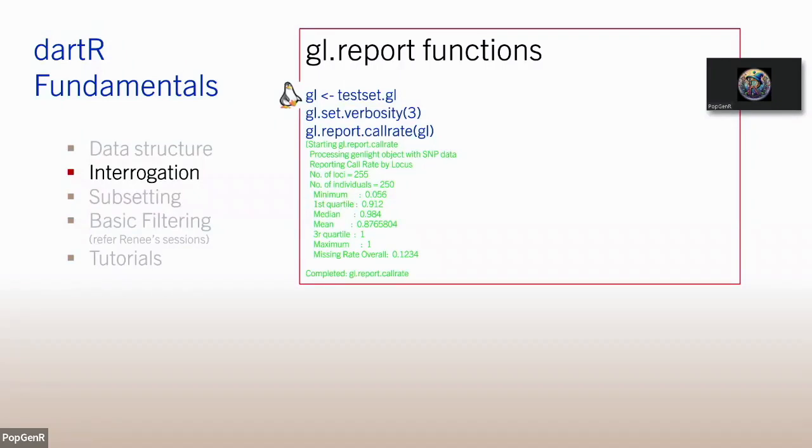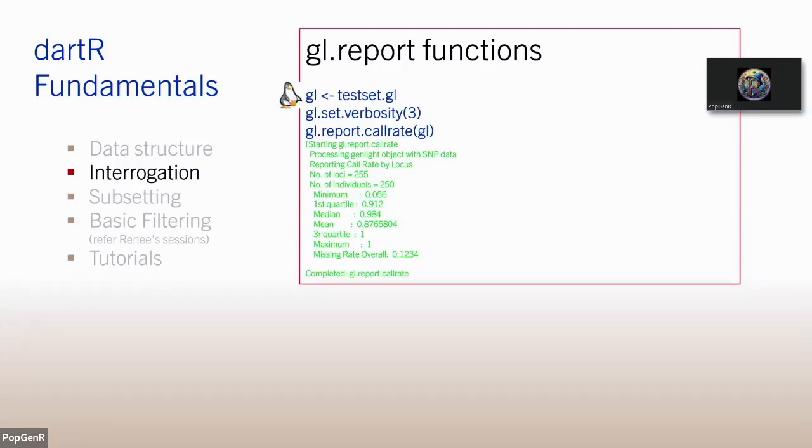So, for example, you set test set to gl, then set the verbosity to 3, and then go gl.report.callrate(gl), and it'll tell you that you've got 255 loci, 250 individuals, and the minimum call rate is 5%, and the maximum call rate is 1, that's 100%, and gives you the median and the mean for the call rate.